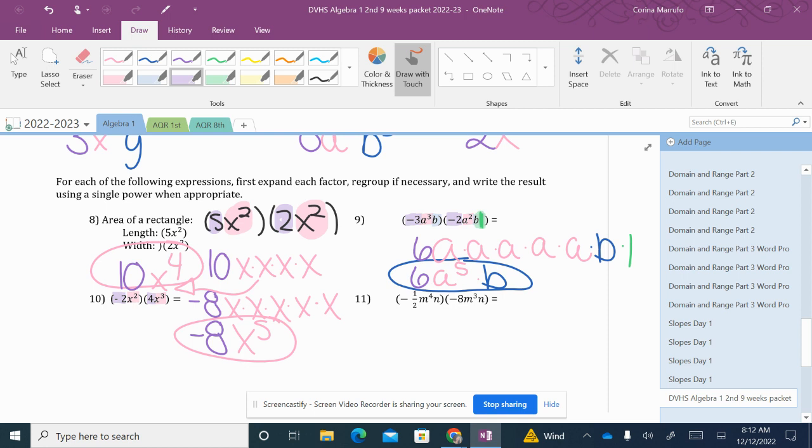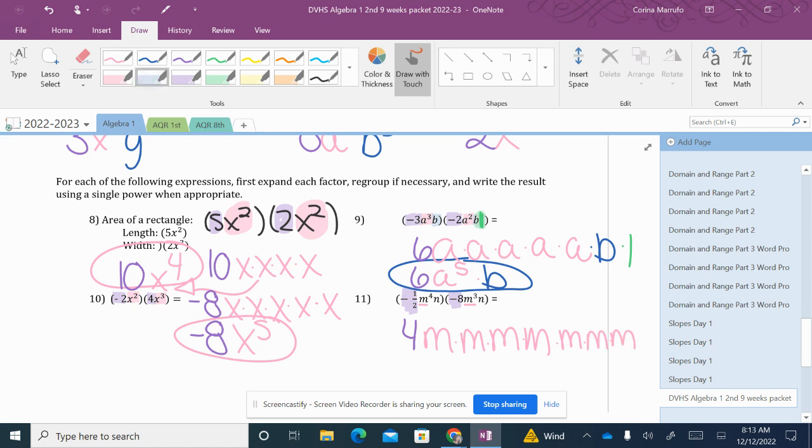All right, the next one, -1/2 times -8. Remember, numbers have regular rules. A negative and a negative make a positive, and half of 8 is 4. Then we have the m's. We have m to the 4th power, m times m times m times m, and here I have m to the 3rd power, so 1, 2, 3. That gives m to the 7th power.